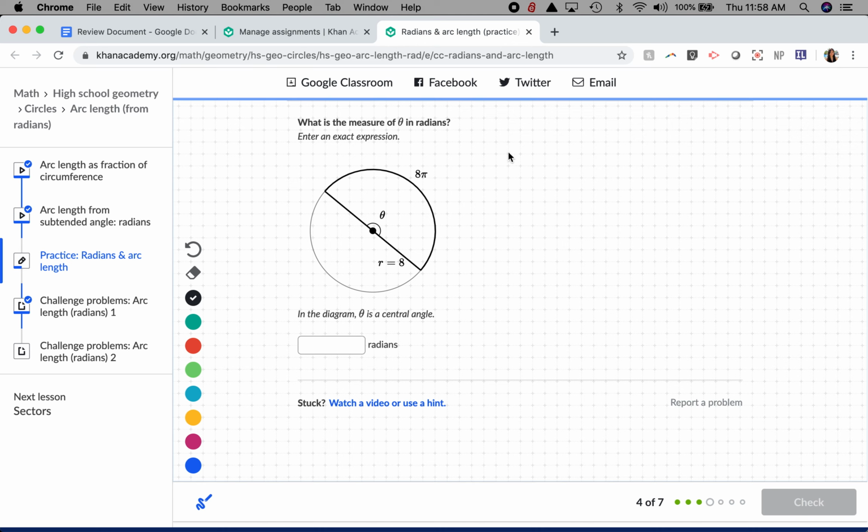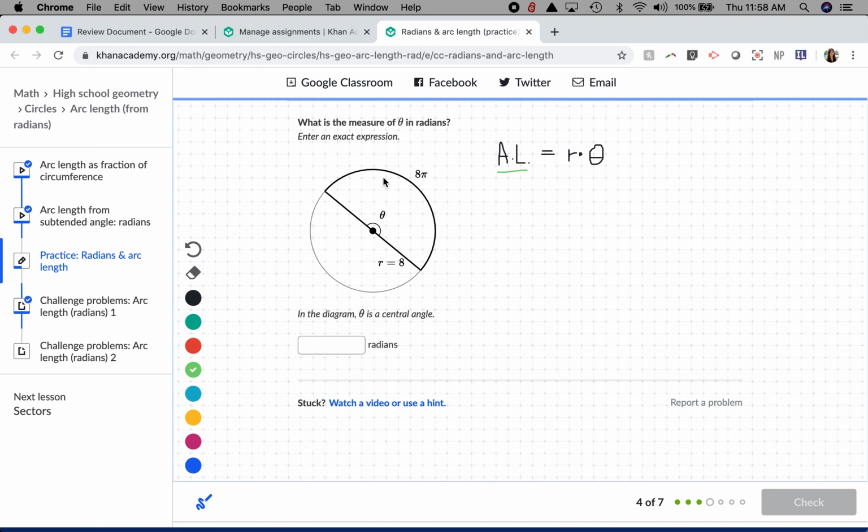So remember, arc length is equal to, I'm just going to abbreviate, radius times theta, which is what we're looking for. We are given the arc length.